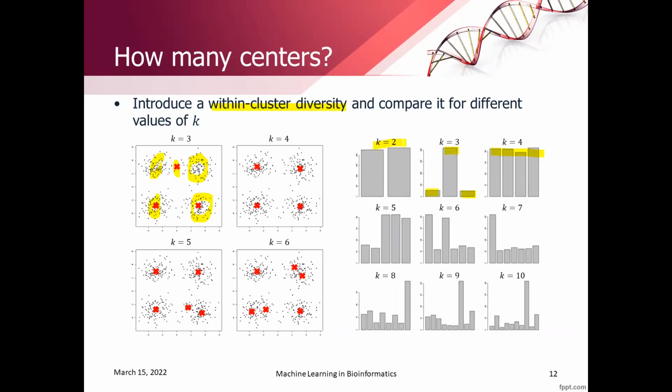So it strongly depends on the data, and there is no universal method to say what is the best number of clusters. So usually we try several values for k, and we select one of them. For example, by visualizing the clusters.